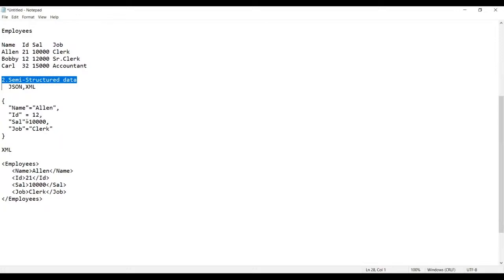This is nothing but extendable markup language.